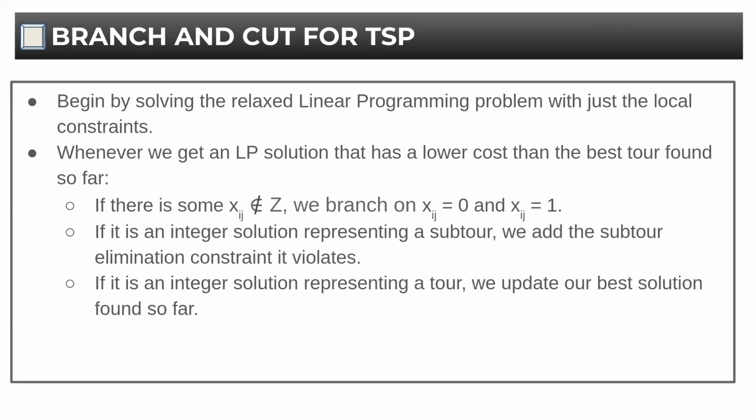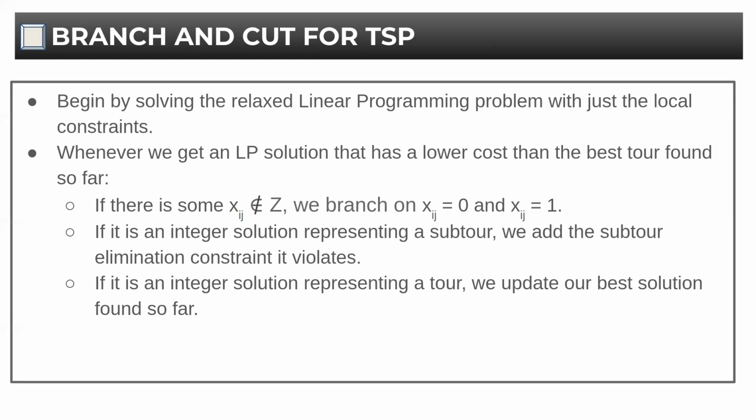Let's talk in more detail about the branch and cut algorithm for TSP. We begin by solving the relaxed linear programming problem with just the local constraints. Whenever we get an LP solution that has a lower cost than the best tour found so far, we check the following conditions.